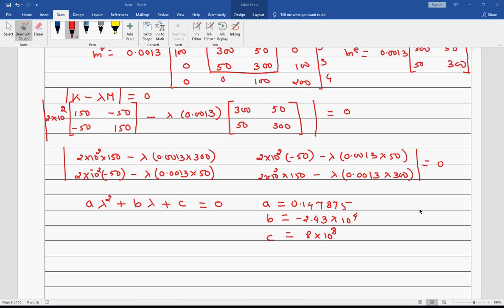Yeah, Soumitra got some different result for B. So now, has anybody else got the answer?